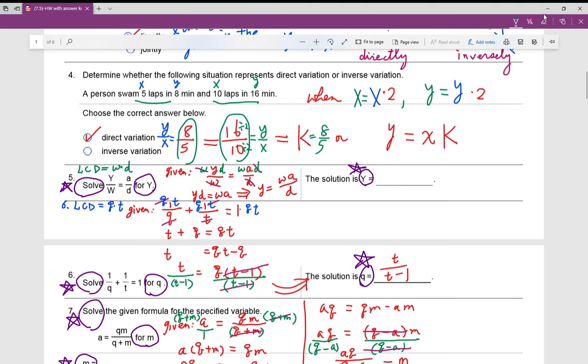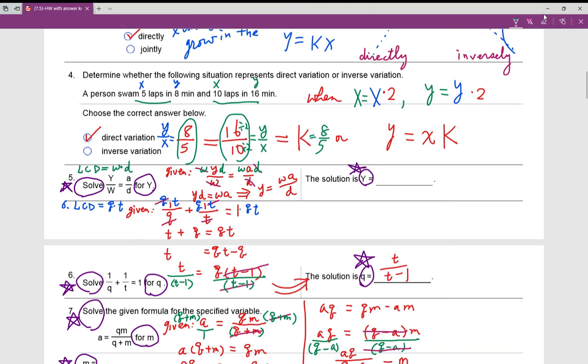Now start from number 5. They don't ask you the name of the variations. They only ask you to solve for, this one asks you to solve for y. But number 6, there's no y. So which one do you need to solve for? You need to solve for t or solve for q, depends on the question.